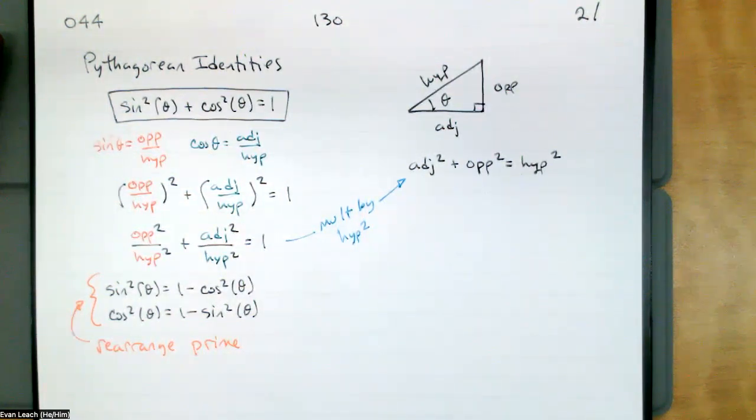There are other important variations of this theme. So if we've got sine squared plus cosine squared is equal to 1, we have a tangent and secant version of this as well.